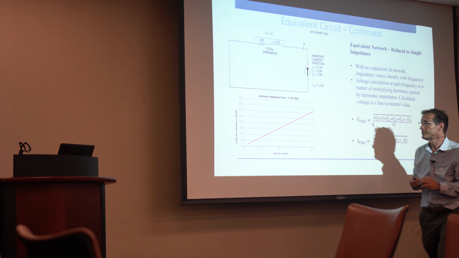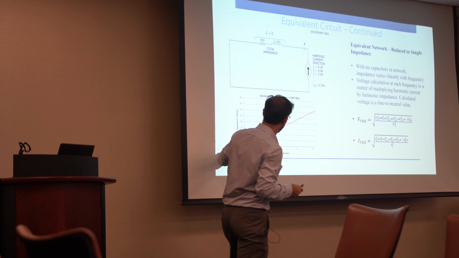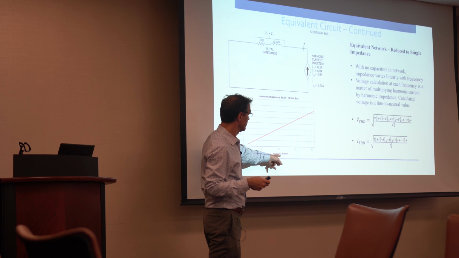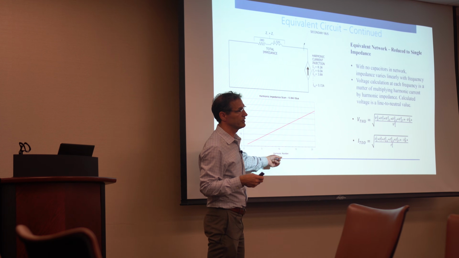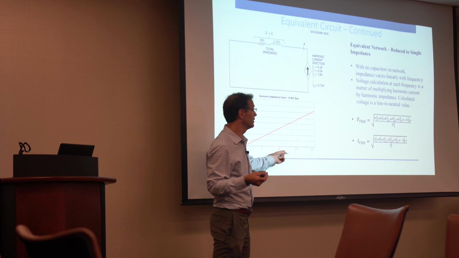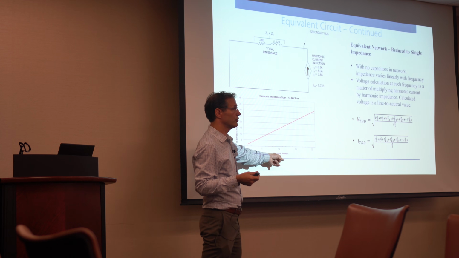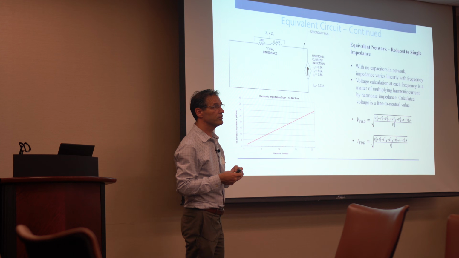If you calculate the impedance at every frequency, we have harmonic number down here, not frequency. Sometimes you're going to see hertz on this axis, like 300 to say 300 hertz, but I prefer harmonic number.